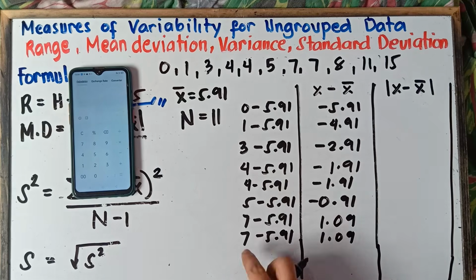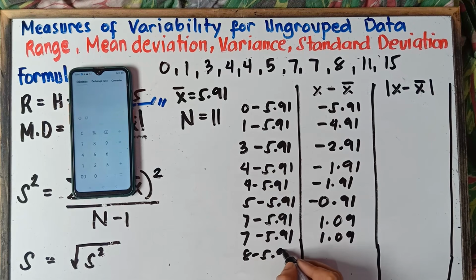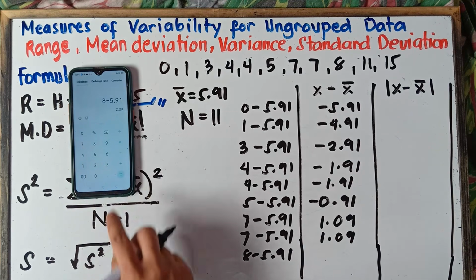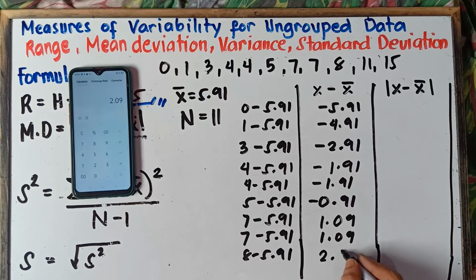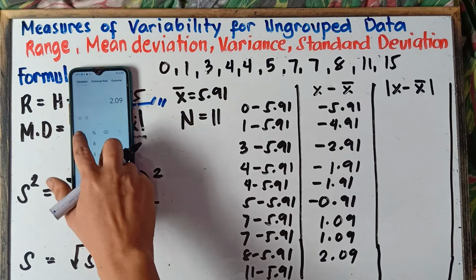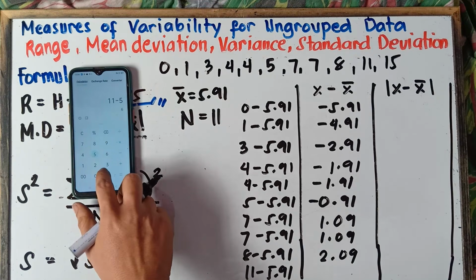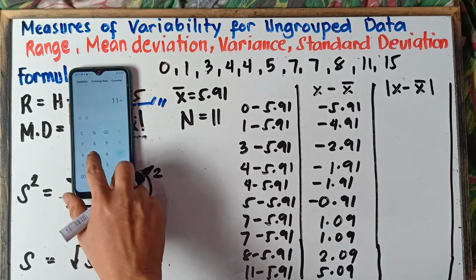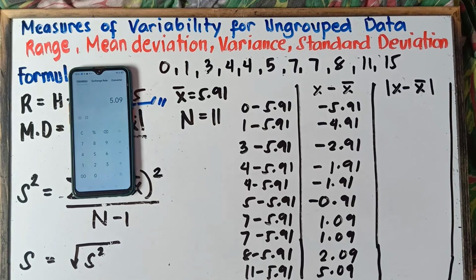Alright, and then 8 minus 5.91, the answer is 2.09. And then 11 minus 5.91, that would be 5.09. Once again, let's double check this. 11 minus 5.91, yep, that would be 5.09.